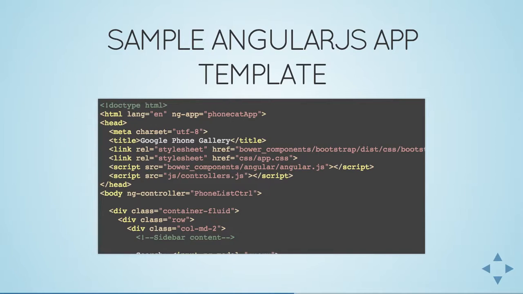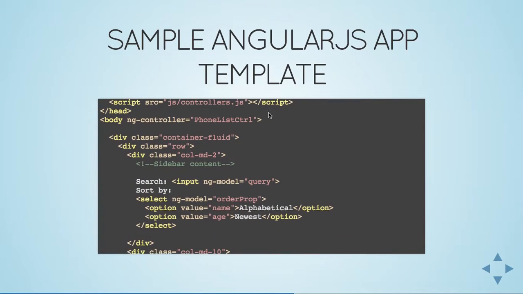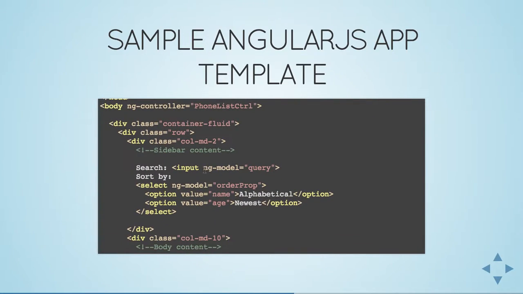Okay, so here's just a sample Angular app's template. Basically, a lot of it you can see looks like basic HTML with a few caveats. So here we can see we're setting the Angular app to be PhoneCat app. Down below, we'll see some HTML attributes we're probably not familiar with. ng-model for storing into our controller scope whatever value is in this HTML node, this input node, we're going to store against the query variable.